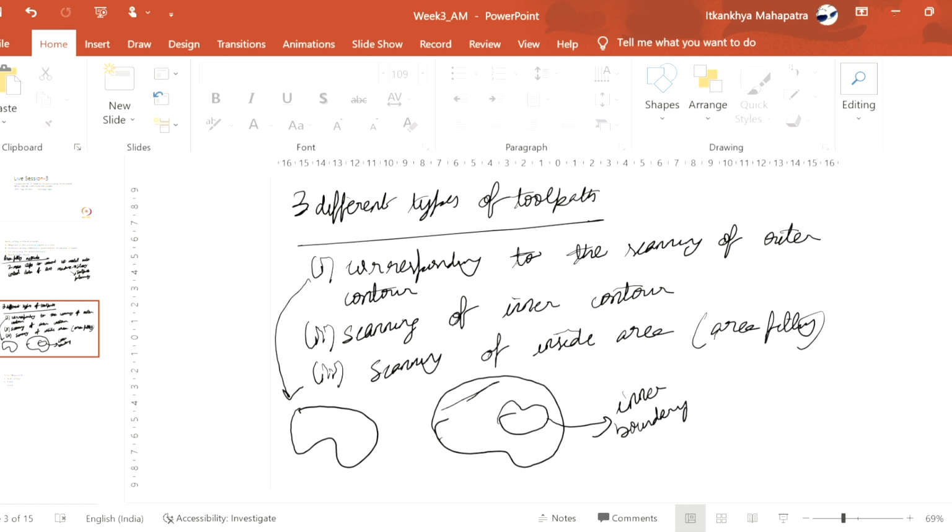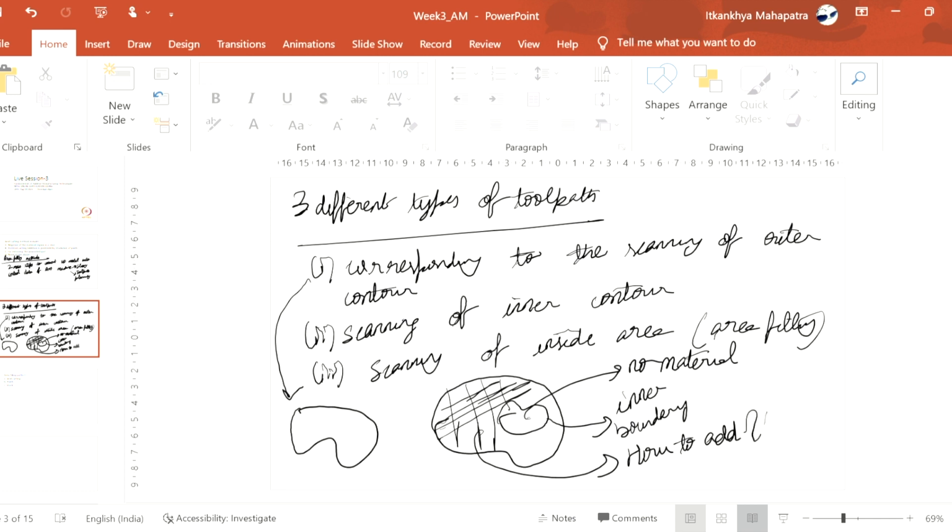And in this area we want to add material, and here we don't have any material. How to add material to this part? So here in this concept we require the area filling method.